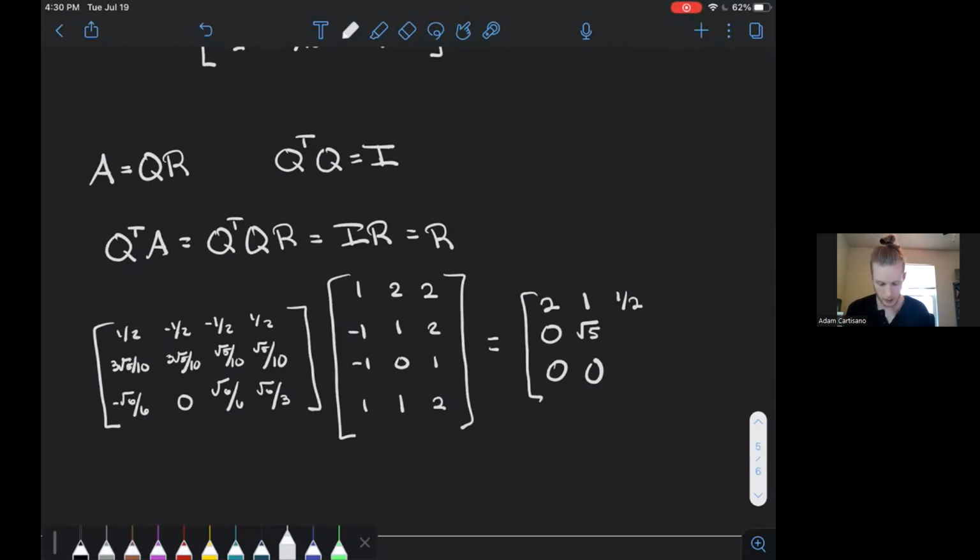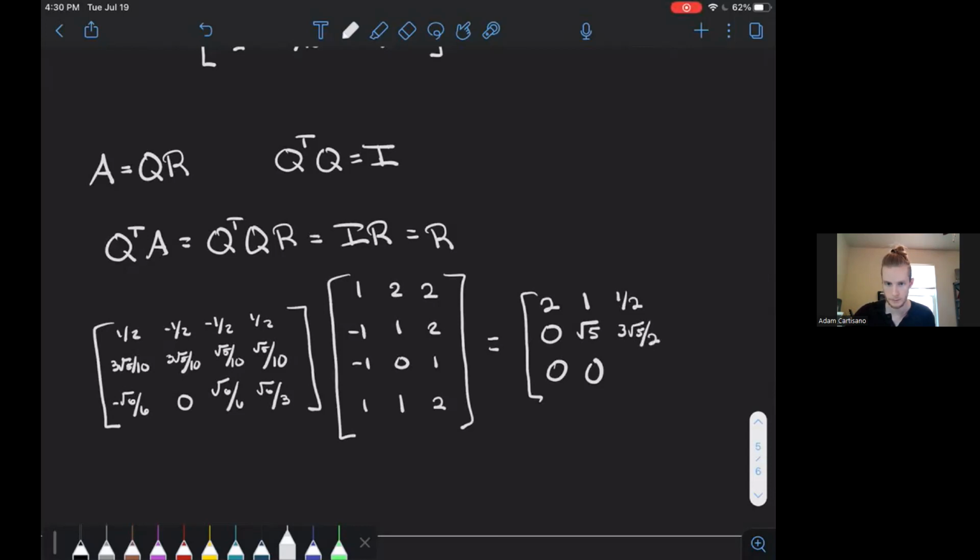The next one could be anything. 6 root 5 over 10 plus 3 root 5 over 10. Oh, sorry, plus another 6 root 5 over 10 is 12 root 5 over 10. Plus another 1 root 5 over 10 is 13 root 5 over 10. Plus another 2 is 15 root 5 over 10. So 3 root 5 over 2.